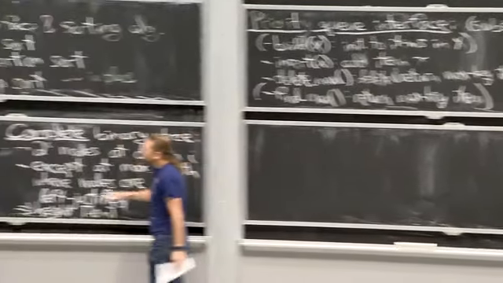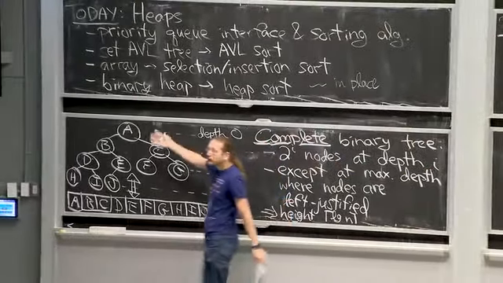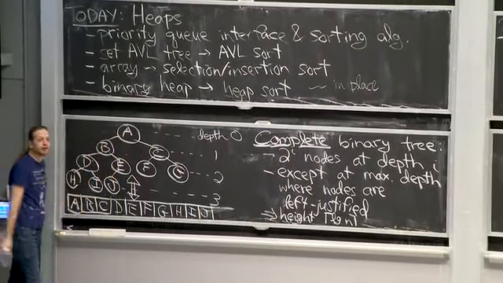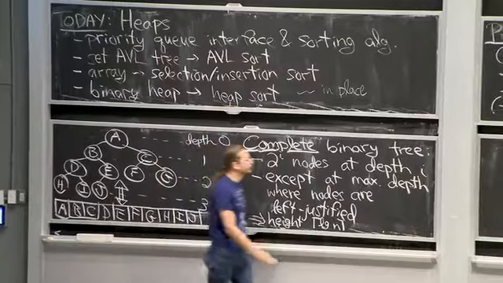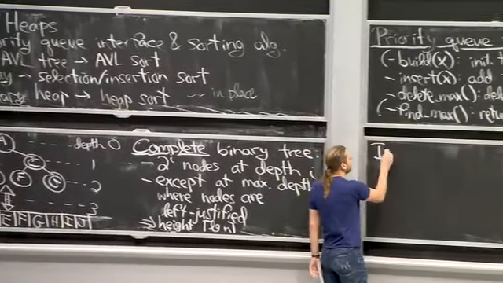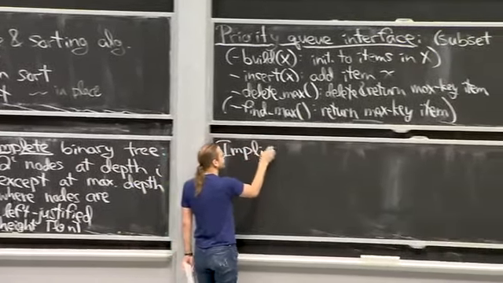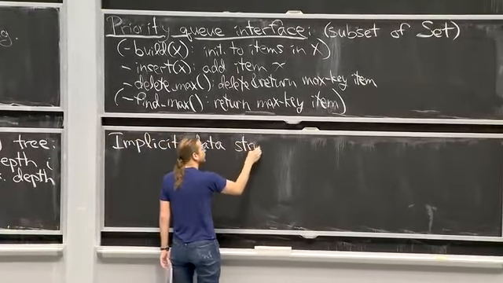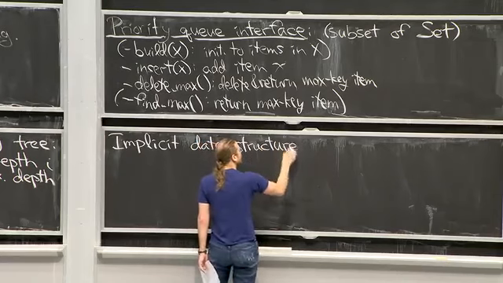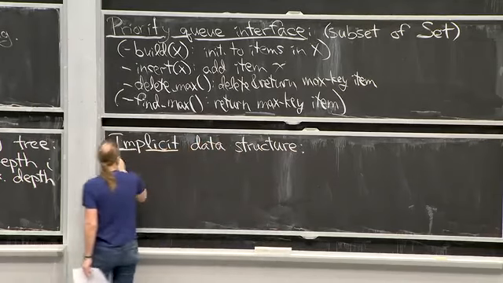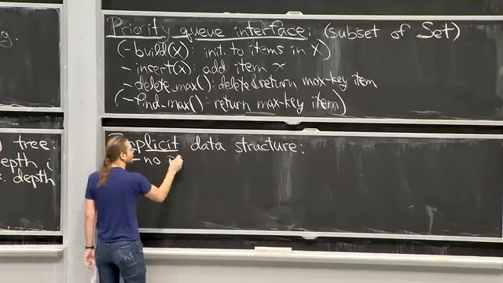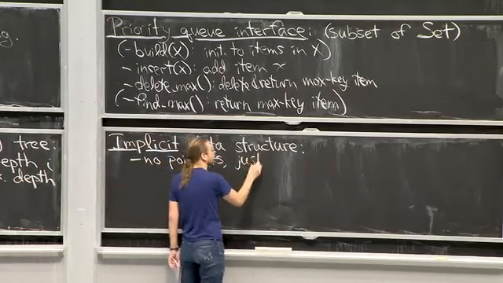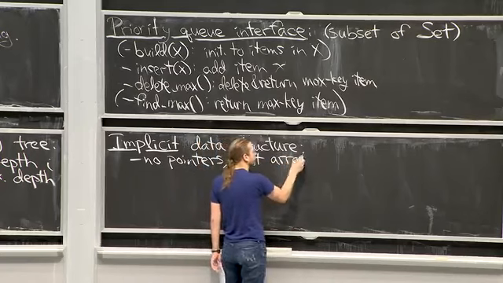And because we have this very strong property, we don't even need to store this tree. We're not going to store left and right pointers and parent pointers. We're just going to store the array. This is what we call an implicit data structure, which basically means no pointers, just an array of the n items.